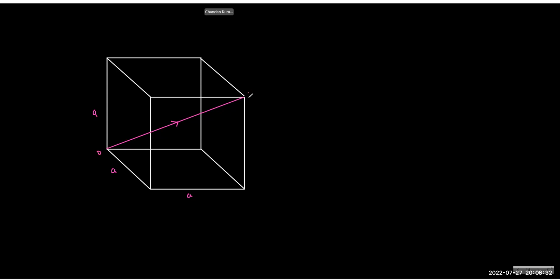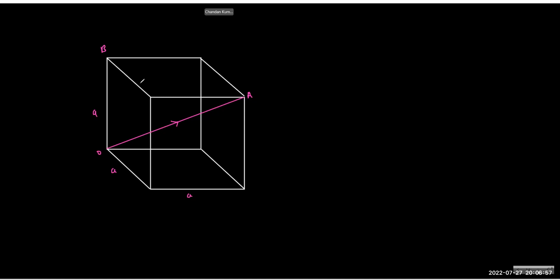Let's find O. So I have a simple question. Find the projection of OA along OB direction. That's it. So what is the shadow of OA along OB?